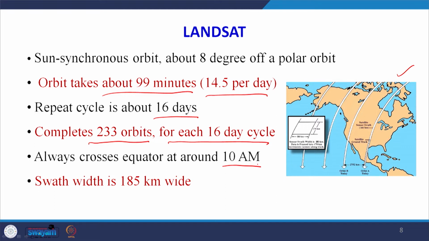The swath width is 185 kilometers, the width on the ground covered by one movement of the satellite. Across track also it is 185 kilometers, so one Landsat scene covered 185 kilometers by 185 kilometers on the ground. It is a very large area one could see from one particular Landsat scene.